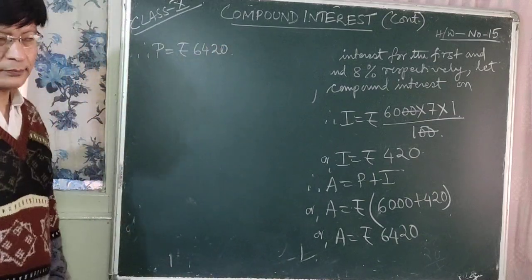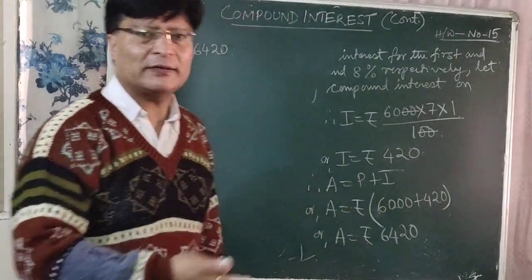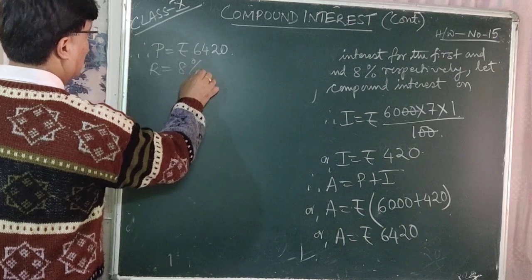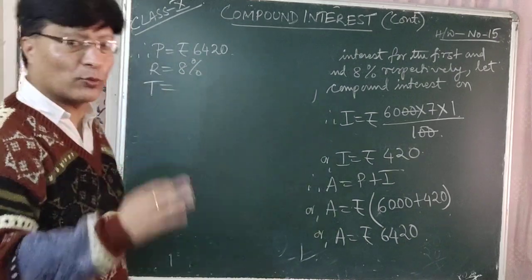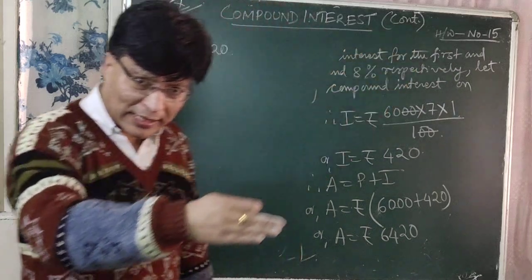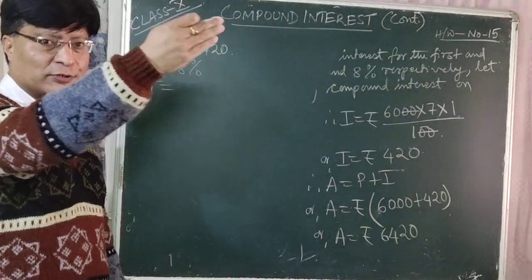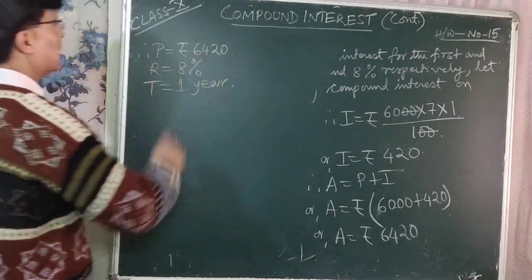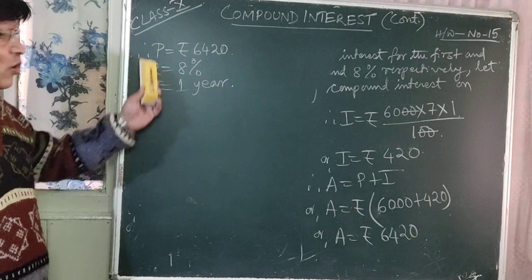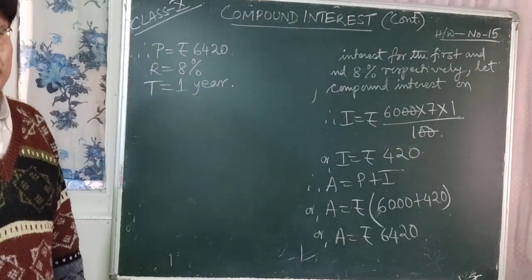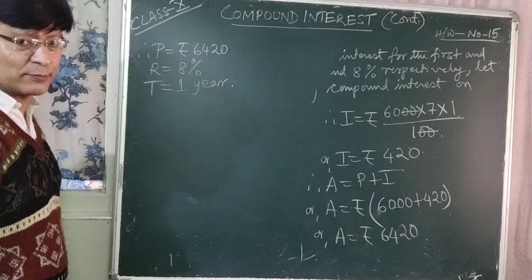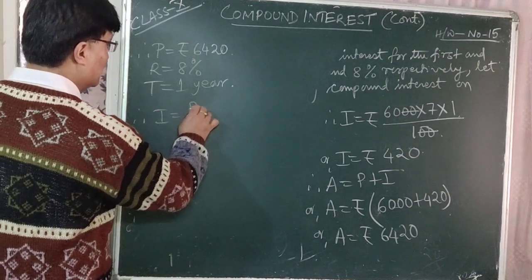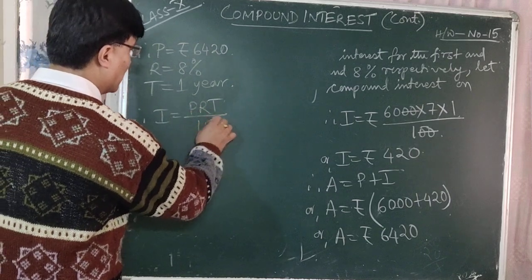Now what is the rate for the second year? 8%. And what is the time? T is equal to 1 year, for the second year only. The second year, from January to December, is 1 year. Now let us calculate the interest on this principal of 6420. You can use the simple interest method, so I is equal to PRT upon 100.